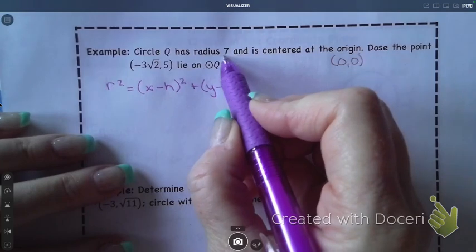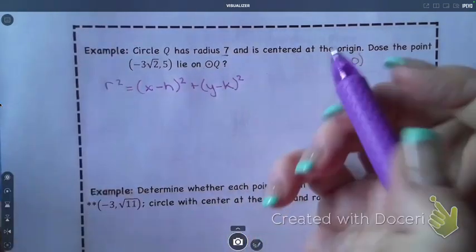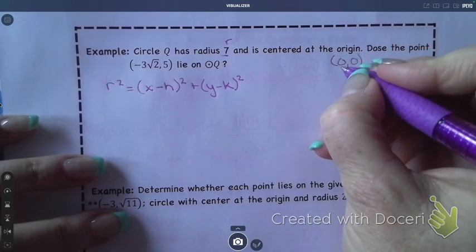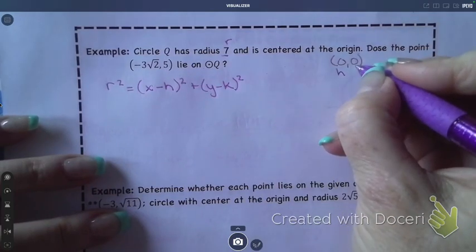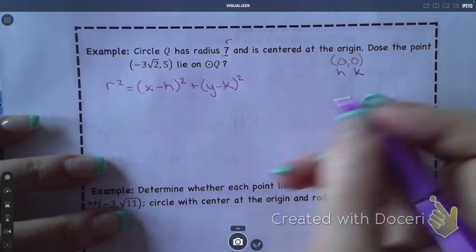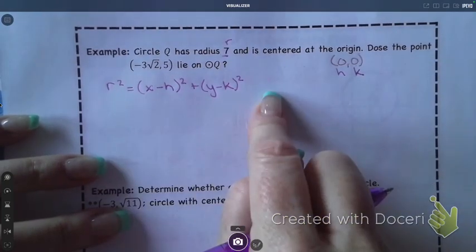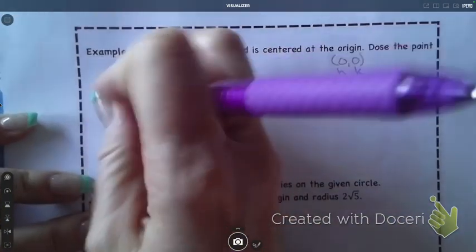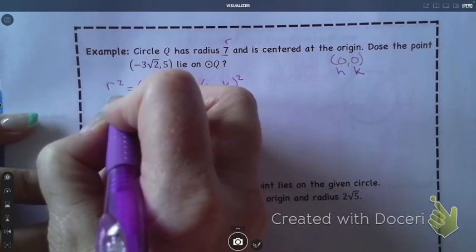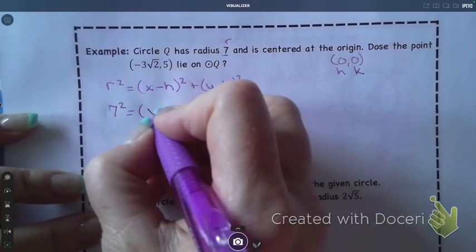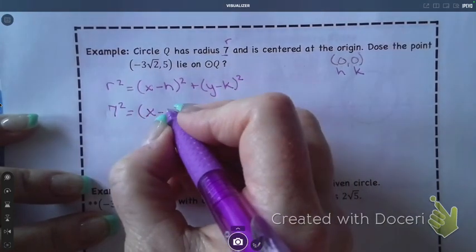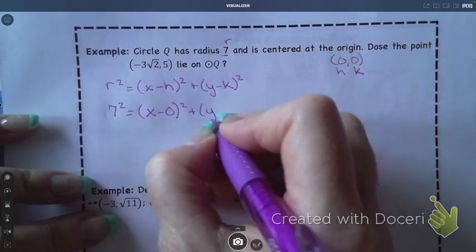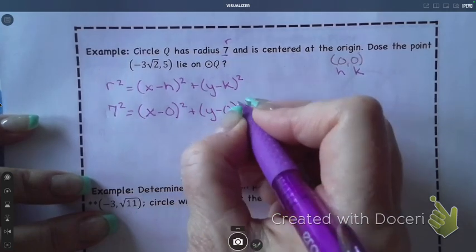Okay, so now let's plug in what I have. So 7 is what variable? H, r, or k? R. And then this 0 is h, and this 0 is k. So I'm going to plug it in here and make an equation for me. So r squared, 7 squared, equals x minus 0 squared plus y minus 0 squared.